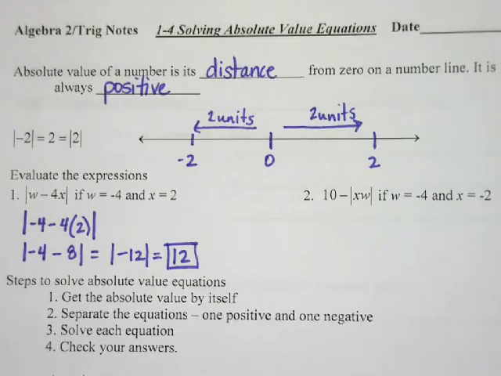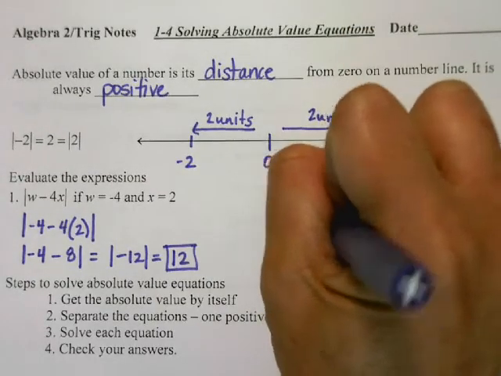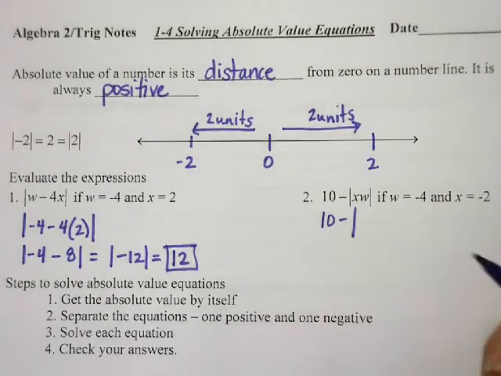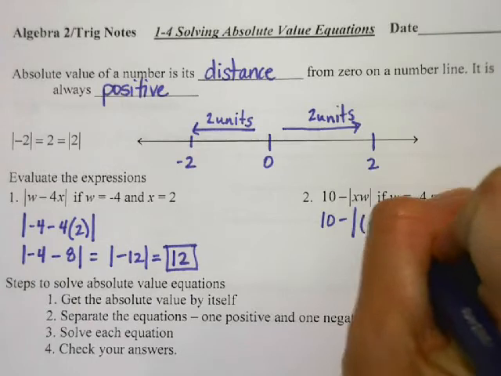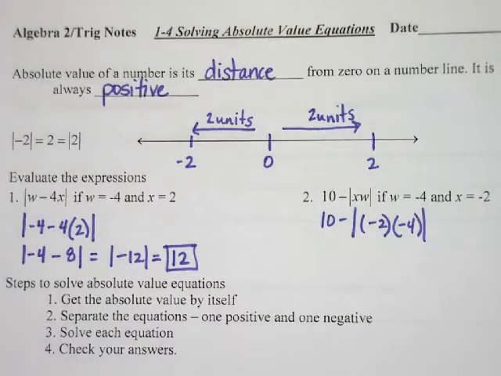Okay, number 2. 10 minus the absolute value of x times w. Again, let's plug in what we know. X is negative 2. W is negative 4.